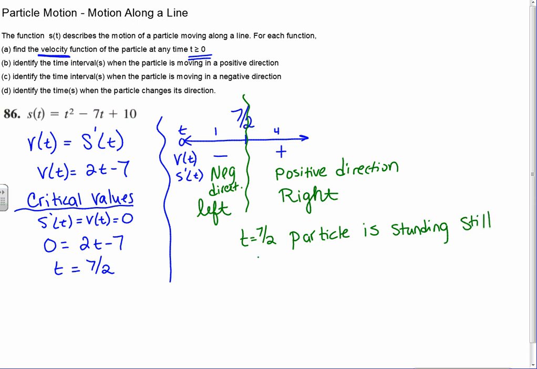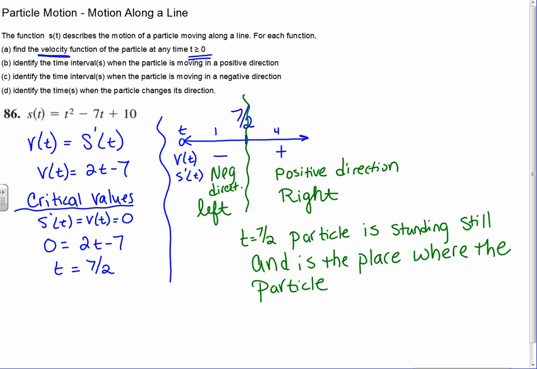And that's the point, and is the place where it changes direction, where the particle changes direction. So, particle movement, very, very similar to graphing functions, still interpreting that first derivative sign chart.